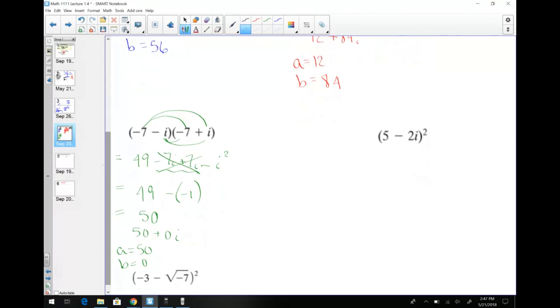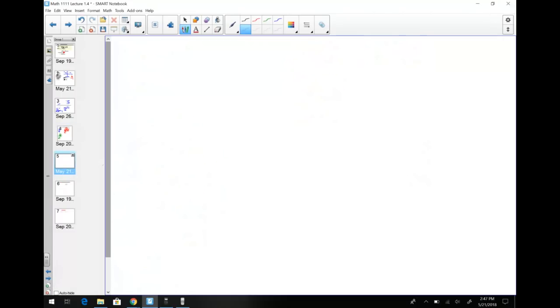Okay, for this one, I'm going to insert another little page here and put some reminders. If you had something like x minus 3 squared, remember that it actually equals x minus 3 times x minus 3.